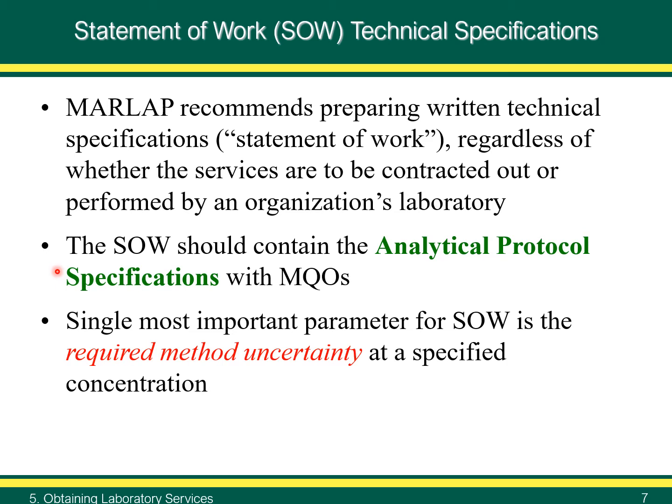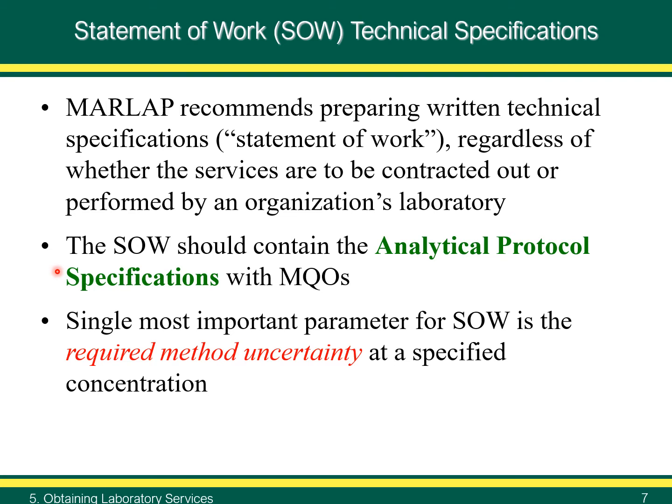The development of APSs, which include MQOs, is described in detail in MARLAP Chapter 3. These protocols are incorporated into the relevant project plan document as described in MARLAP Chapter 4.